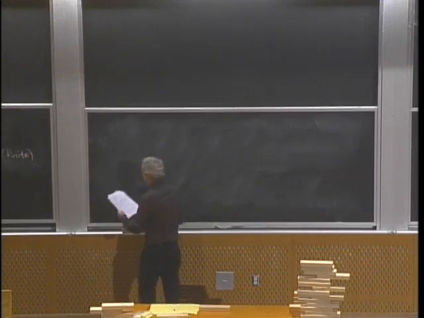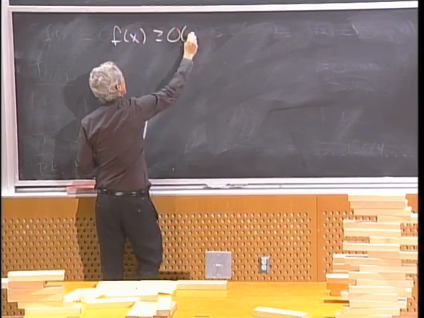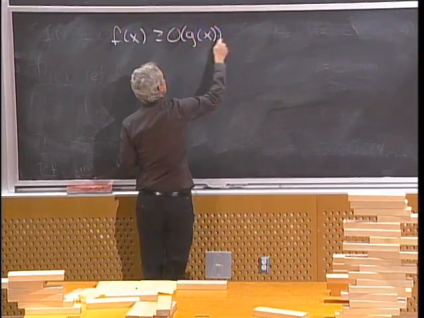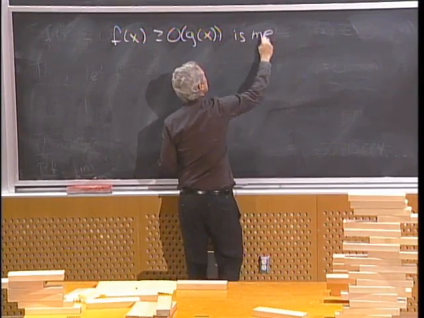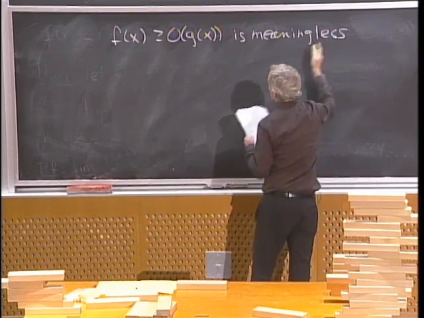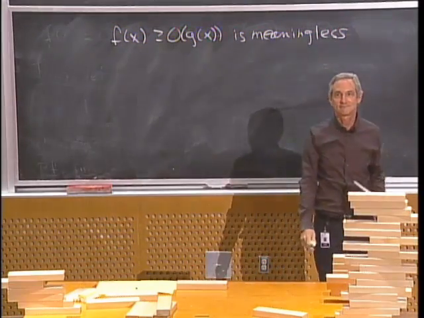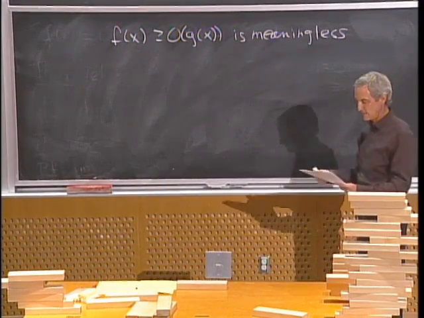So you may not write f of x is bigger than or equal to O of g of x. That is meaningless, because the whole point of big O is that it's an upper bound. So you can't use it as a lower bound.